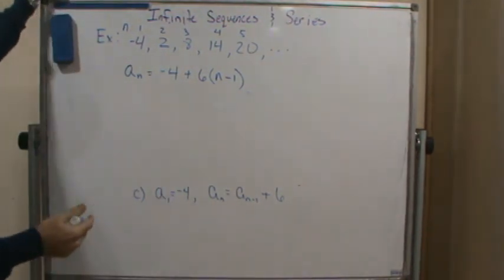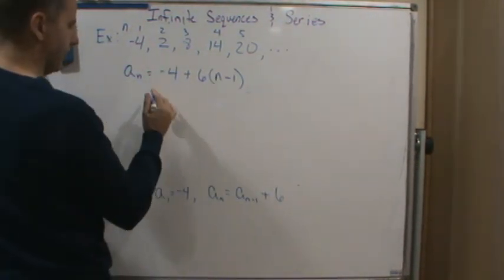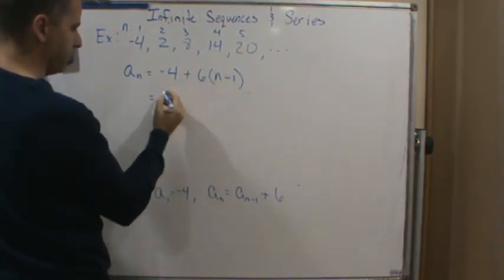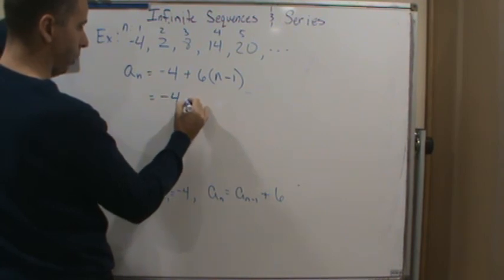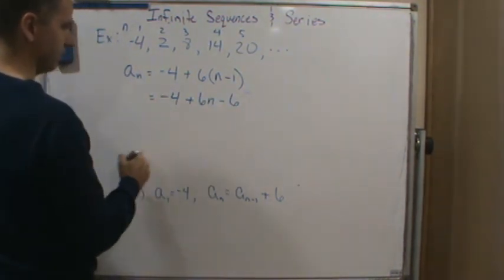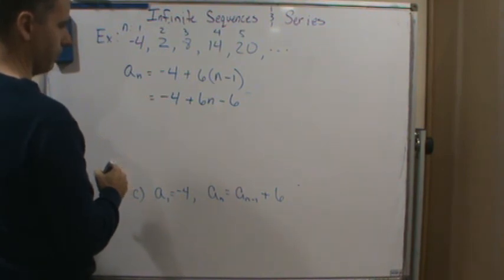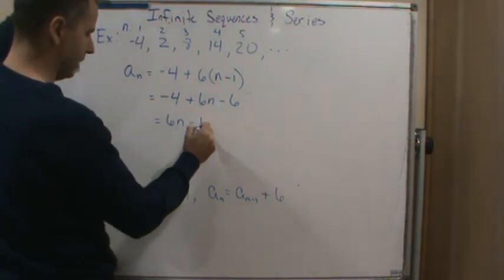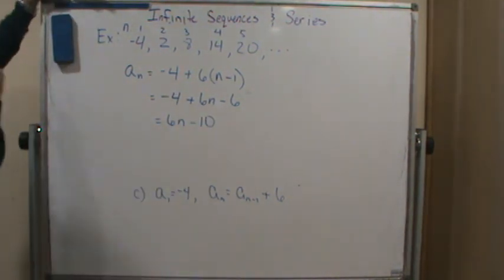Now, again, I'm going to simplify this. And I'm going to combine like terms. I'm going to use the distributive property. So I get negative 4 plus 6n minus 6. Okay? And so this is going to be 6n minus 10.